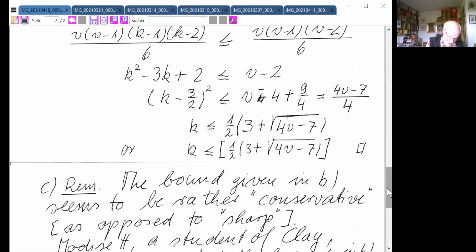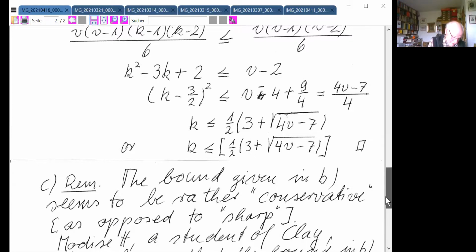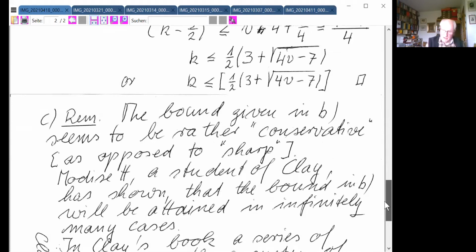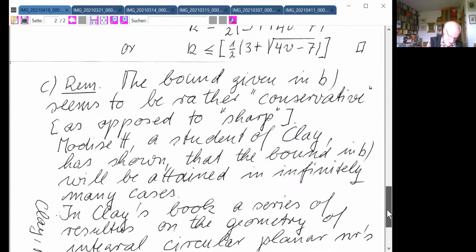Now, it turns out that the bound given in B seems to be conservative, as the numerical analysts say. It's very cautious, as opposed to sharp. But Modisette, a student of Clay, has shown that the bound in B will be attained in infinitely many cases.